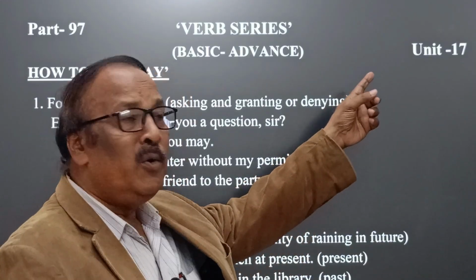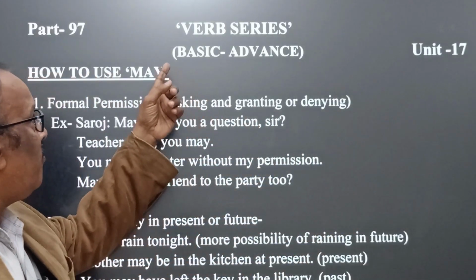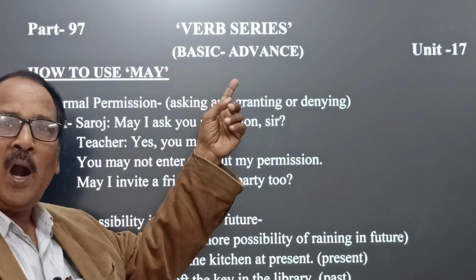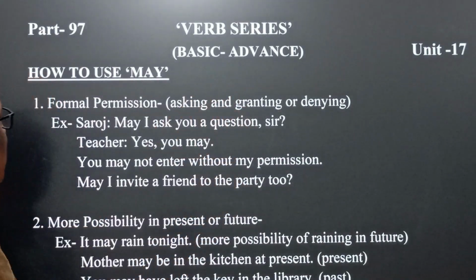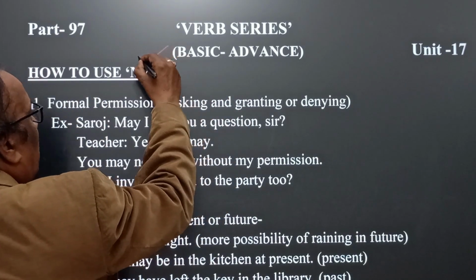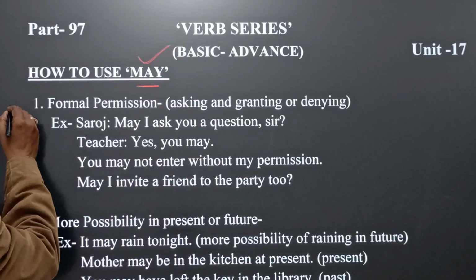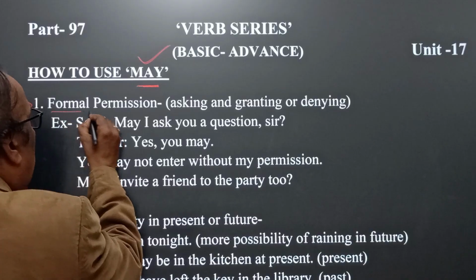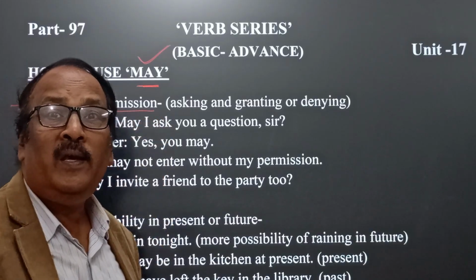This is unit 17 of the verb series, which is meant for basic to advanced level students. The topic of today's discussion is the use of may. Point 1. Formal permission. In the case of formal permission, we use may.